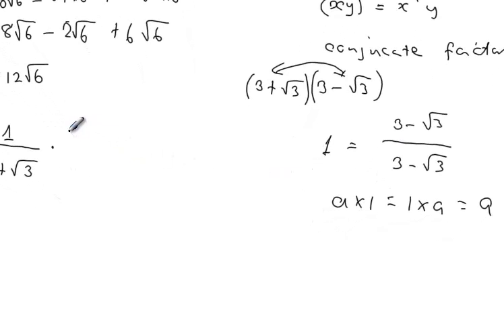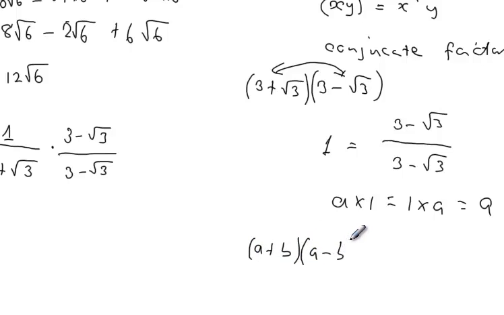Okay, so now we multiply 3 minus square root of 3. Now we have (a plus b)(a minus b).